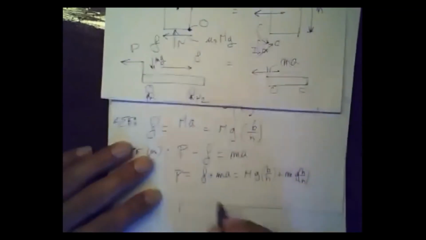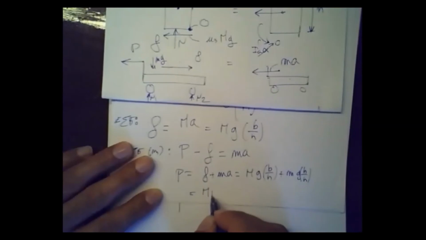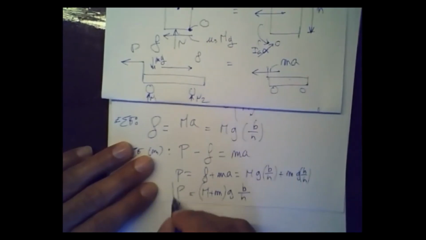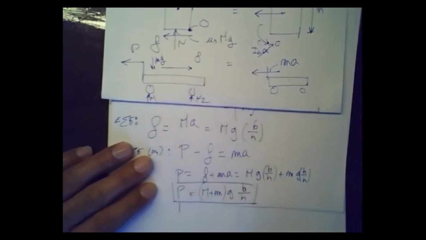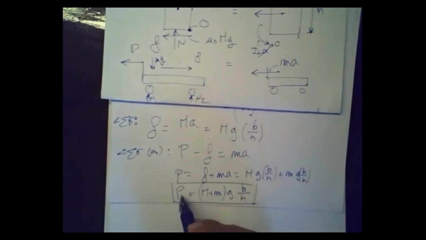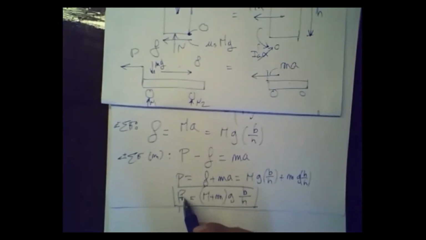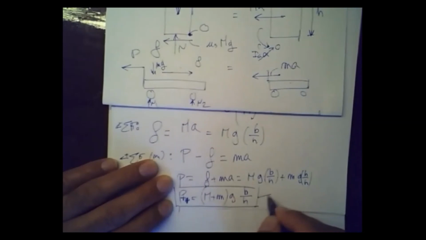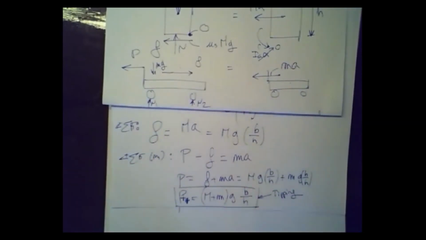So essentially, it is equal to (M plus m) g b over h. Does this make sense, guys? So this is the force for tipping. And the force for sliding was equal to how much? Same thing, (M plus m) mu_s times g.